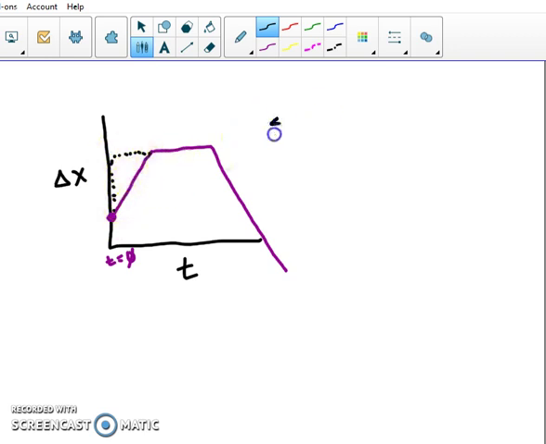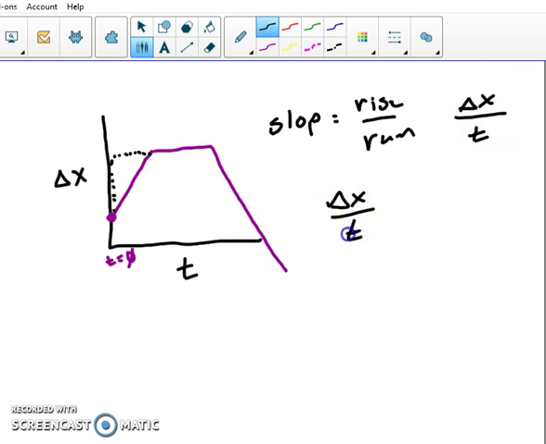If we look at the slope equation, it is rise over run. Our rise is our position, and our run is time. That should look familiar: delta x over t is your velocity. So the slope represents your velocity.